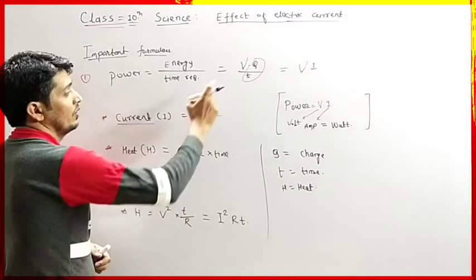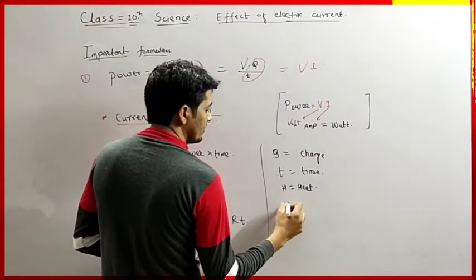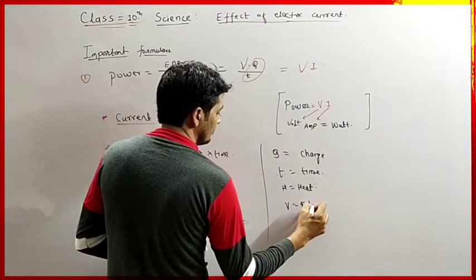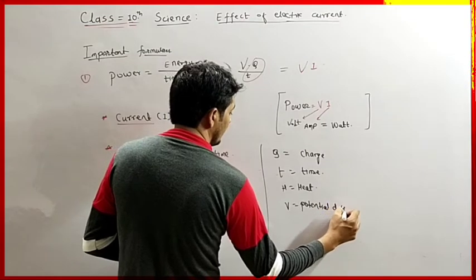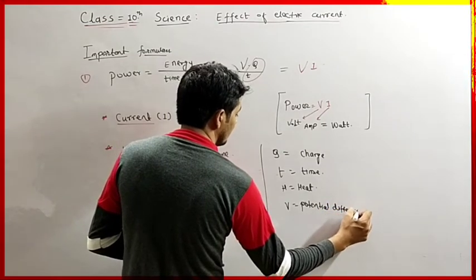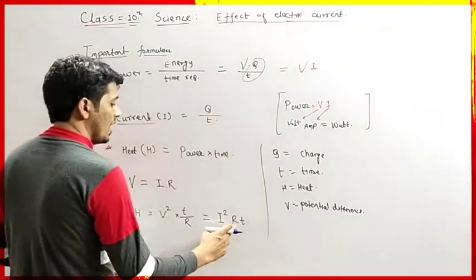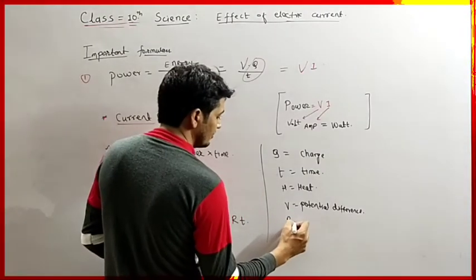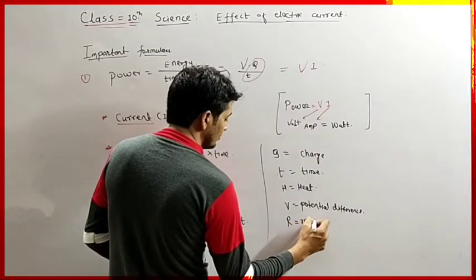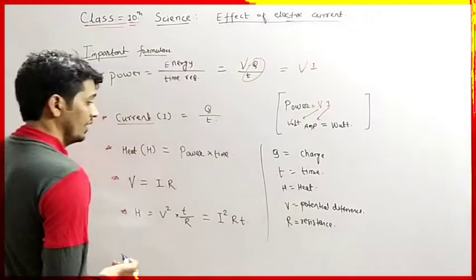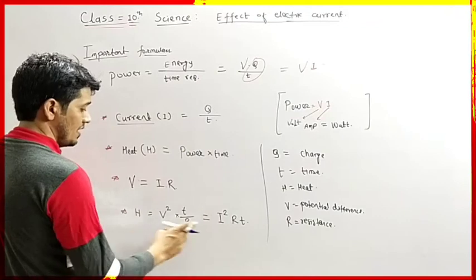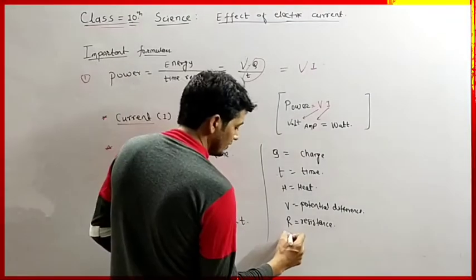Then we have V. V is potential difference. Then we have R. R is resistance. Then we have I. I is current.